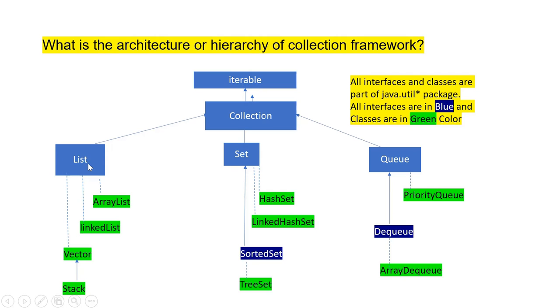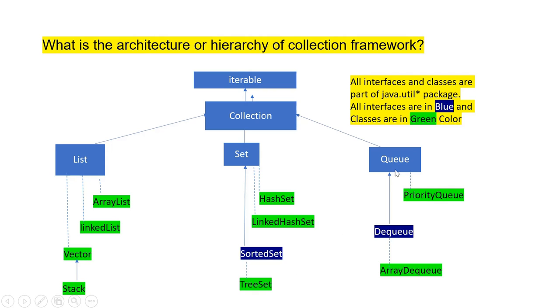The classes that implement the list interface are ArrayList, LinkedList, Vector, and Stack. Classes that implement the set interface are HashSet, LinkedHashSet, and TreeSet. TreeSet implements SortedSet and Set.